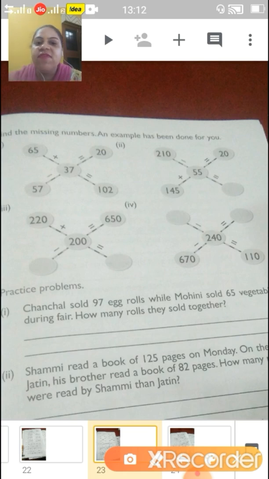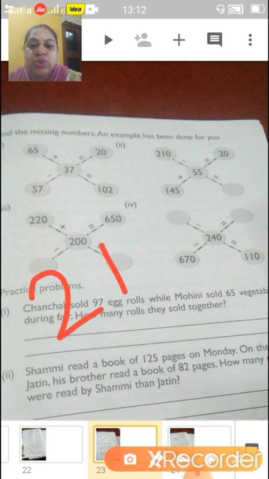In the same way we have to do, means 145 into 55, that is they are getting 20. In the same way, what can come here? That should be same.